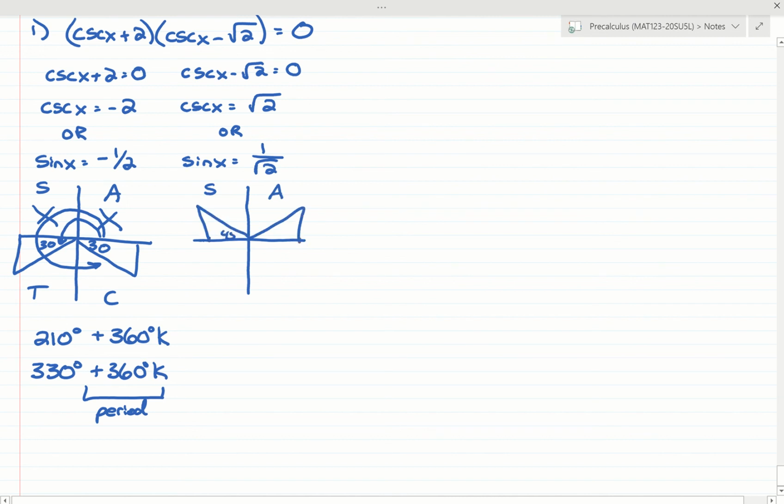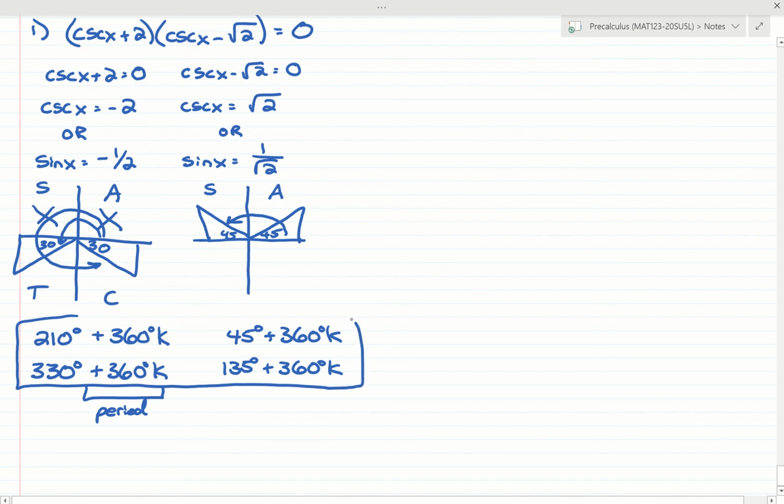So if we draw our 45-degree reference angle here, our answer for the second piece would be 45 degrees plus the period of sine, and 180 minus 45, or 135 degrees plus the period of sine. So our answer would be all 4 of these.